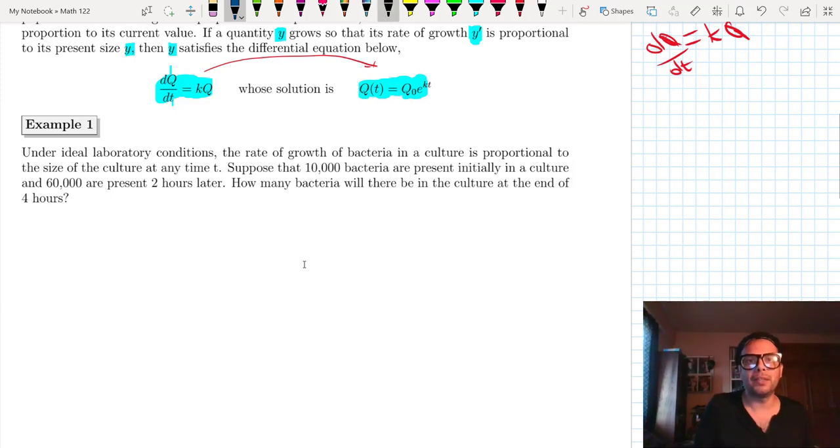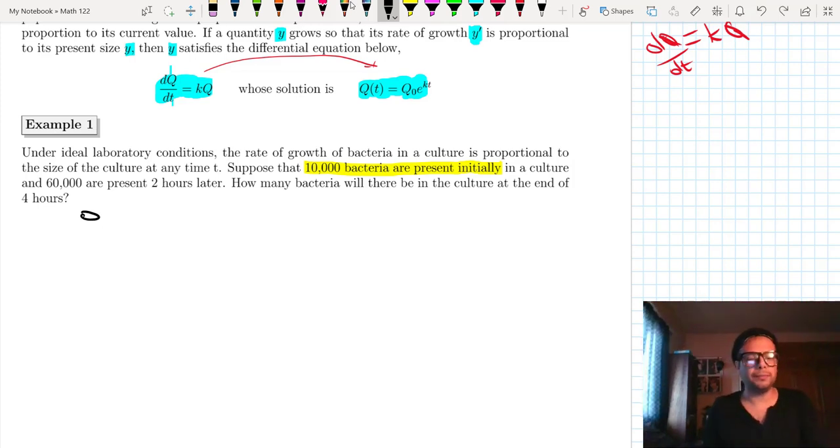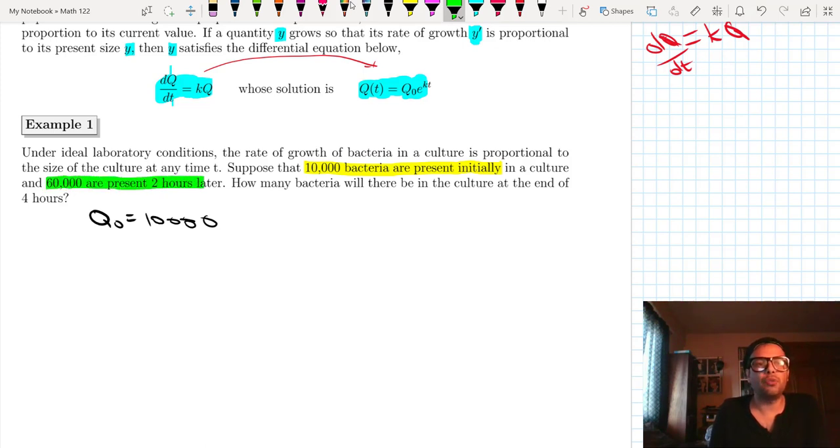So first of all, let's write our givens. This is 10,000 bacteria initially. Okay, so that means that Q initial, or Q naught, equals 10,000. And this sentence right here will be very useful: 60,000 are present 2 hours later.